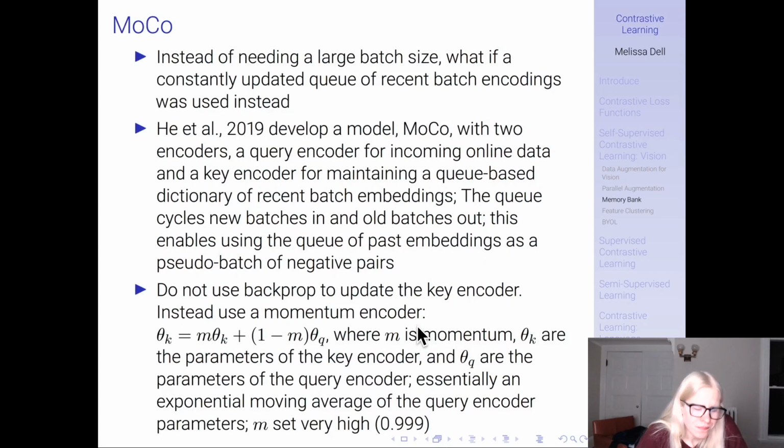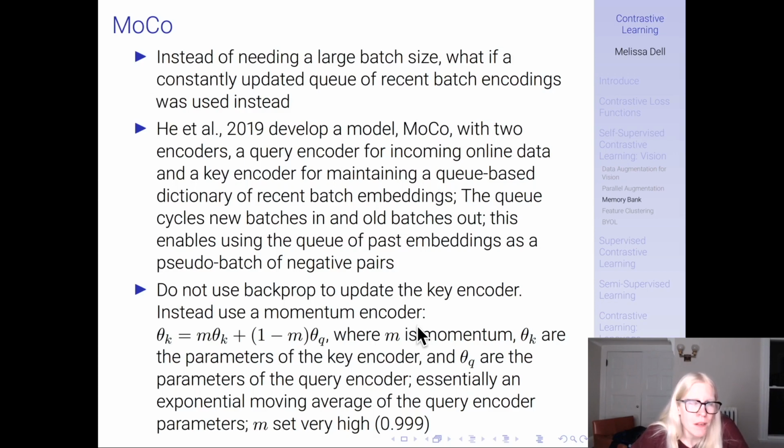And so this led to ideas about how we can get around the need to have such a large batch size. What if instead of having a large batch size, we had a constantly updated queue of recent batch encodings instead? This idea was developed by He et al. Again, Kaiming He, we'll see him over and over in vision applications.